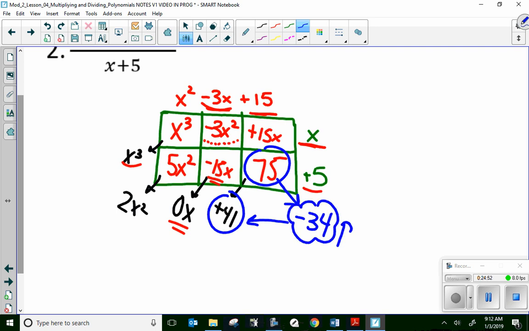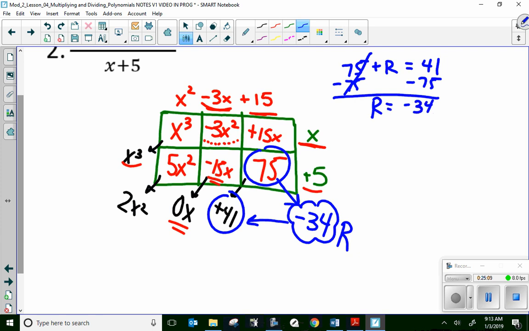Okay, that's my remainder. So let's check that. If I have 75 and I add something to it, which is my remainder, to get 41, I subtract 75 from both sides, and my remainder is definitely negative 34. Okay, so that works. So how do I write my answer?